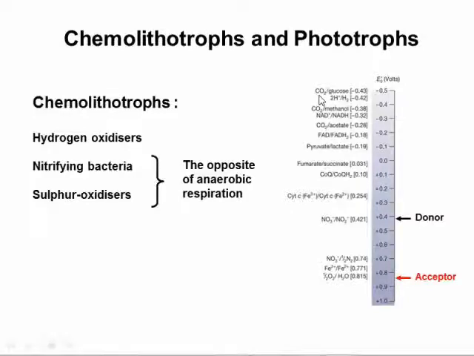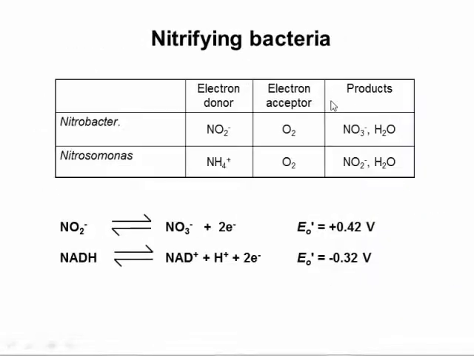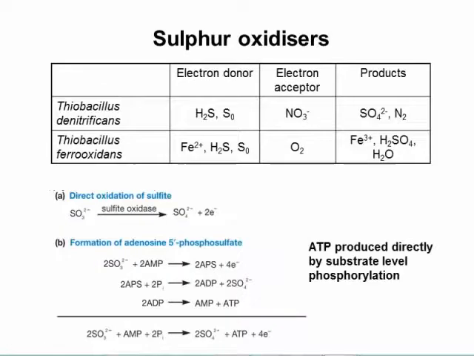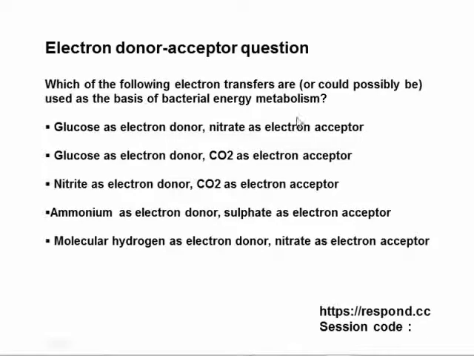Something else is going to have to accept the electrons, which is going to be oxygen in respiration, or nitrate, or iron. So CO2 can only be an electron acceptor from molecular hydrogen. So this one is no.